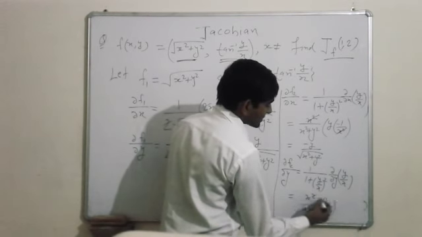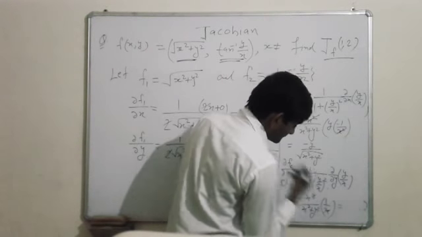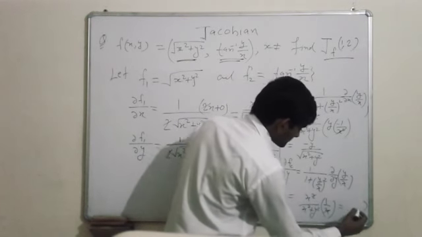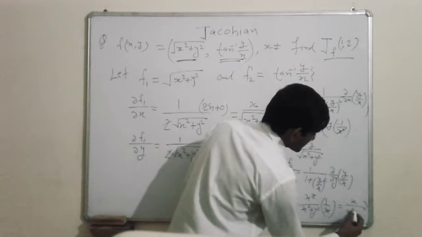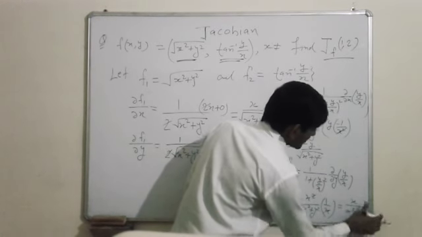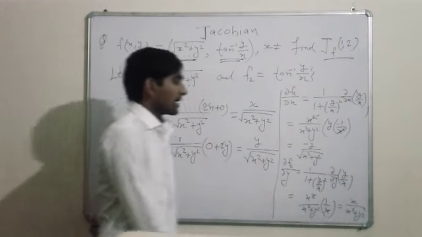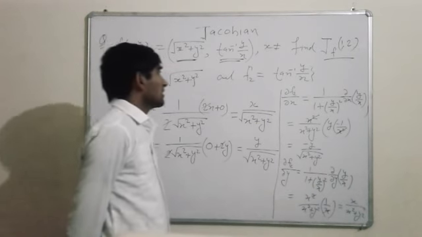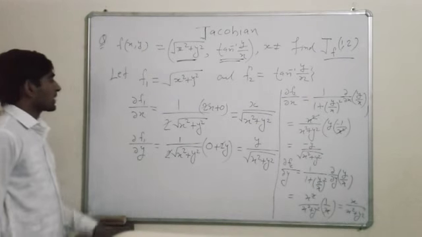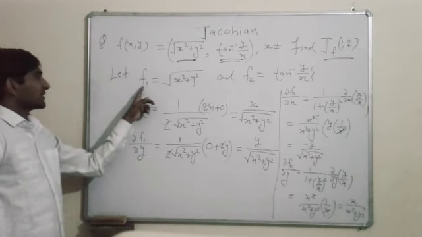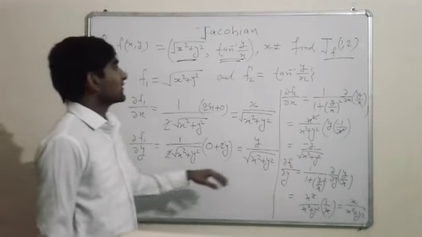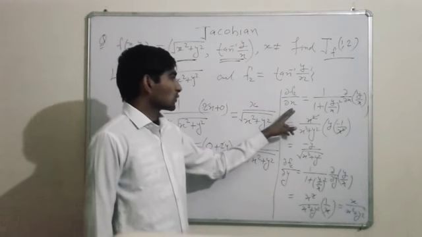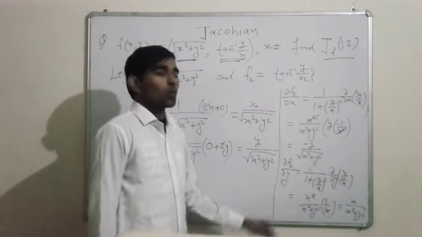Here cancelling x, we got only x over x² + y². So finally we got the partial derivatives of f1 and f2 with respect to x and y.